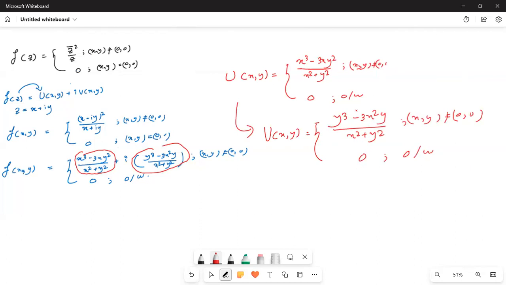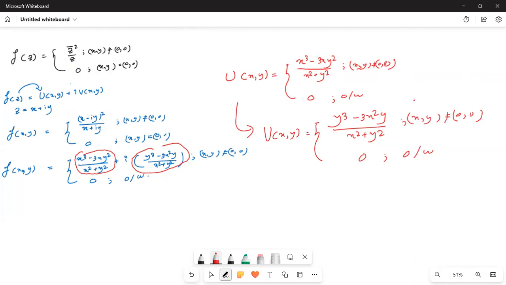So we have to evaluate the partial derivatives of each of these functions at the origin. But we can't simply do that because this is a piecewise function. Therefore, we use the definition of the partial derivative in order to evaluate the partial derivatives of these two functions.